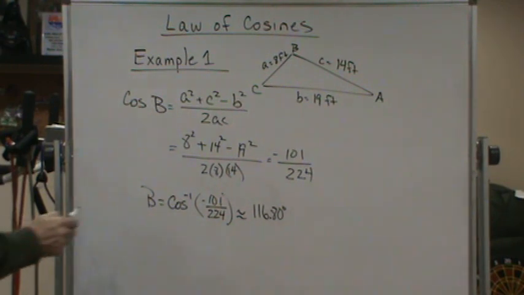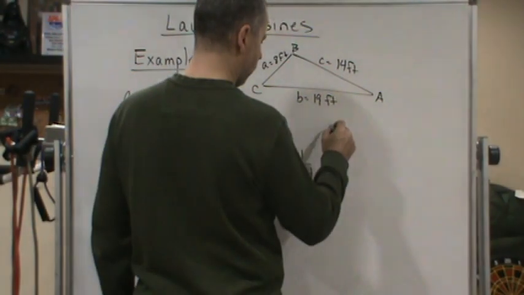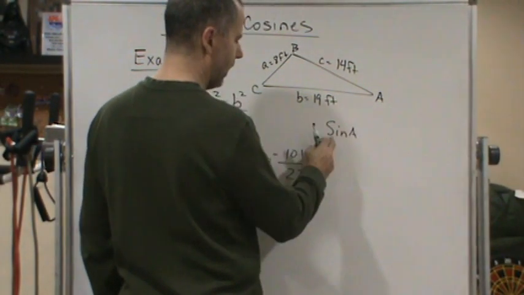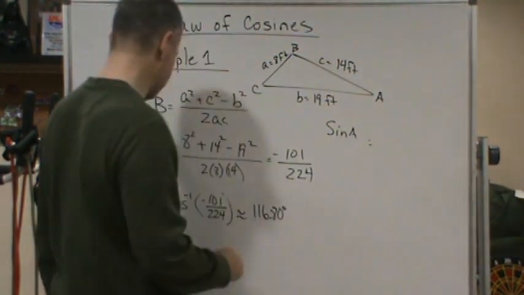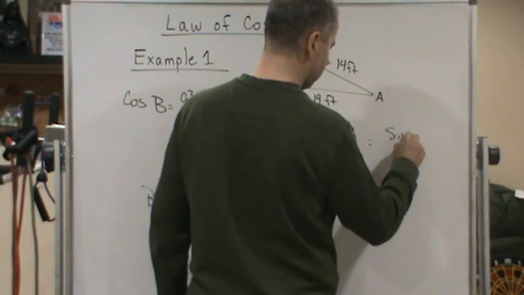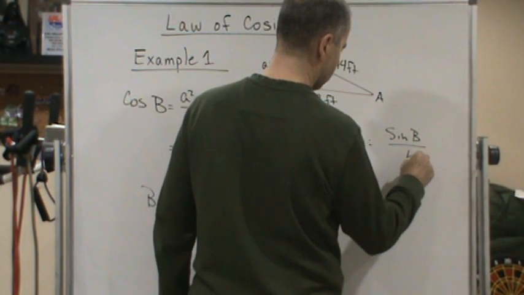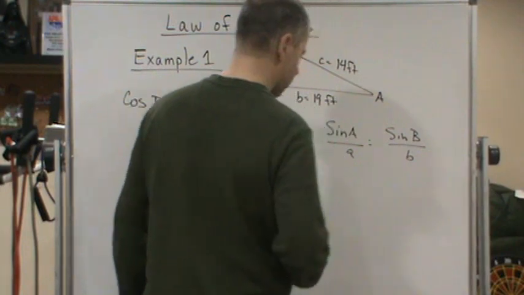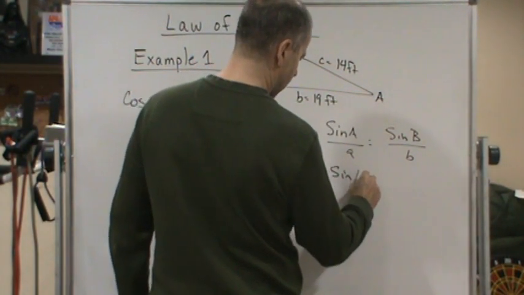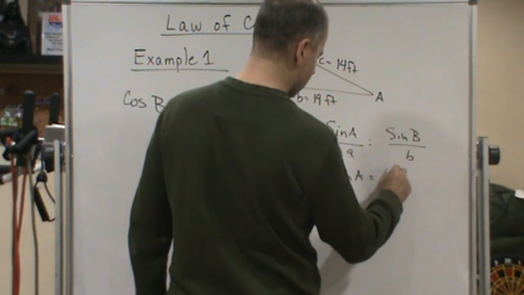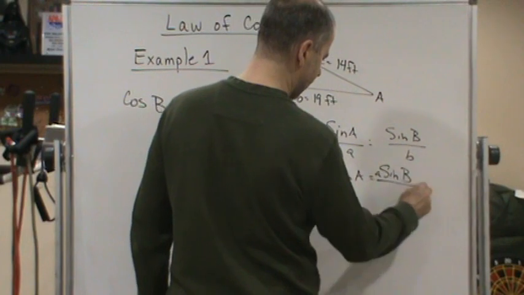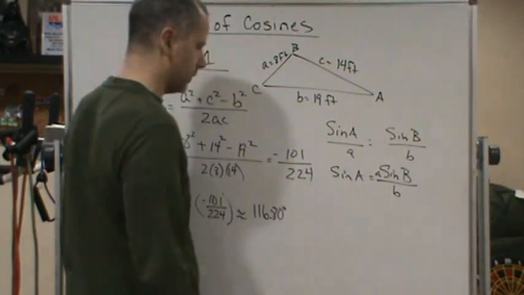So let's do sine A. Sine A over a is equal to sine B over b. And so we get sine A equals a times the sine of B over lowercase b.